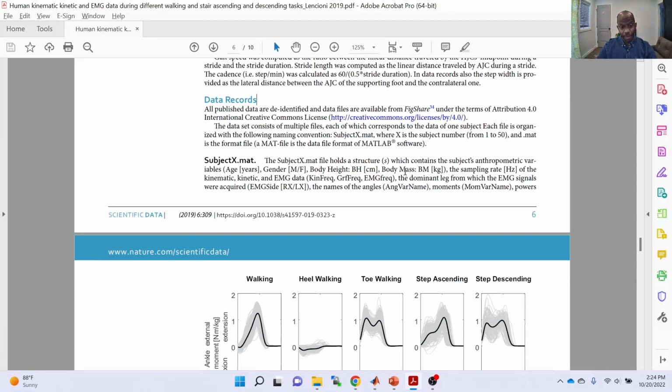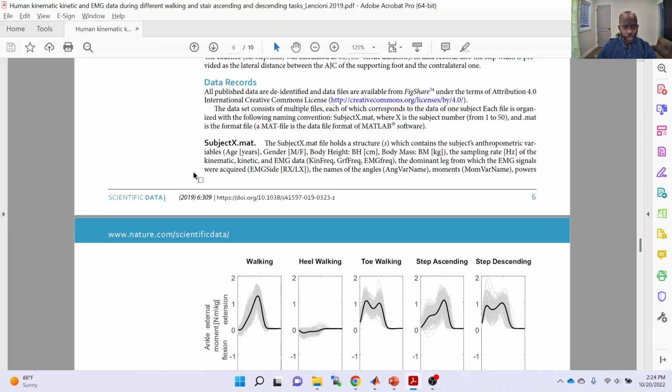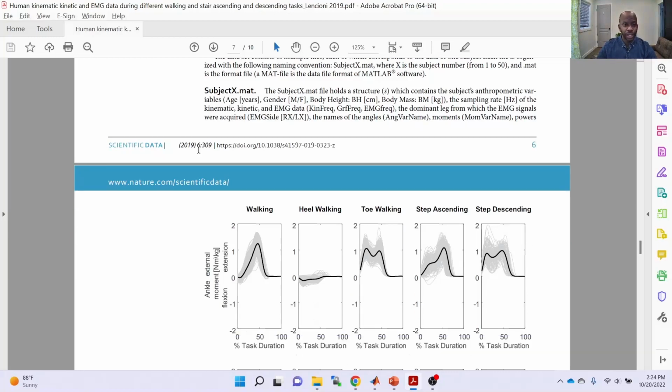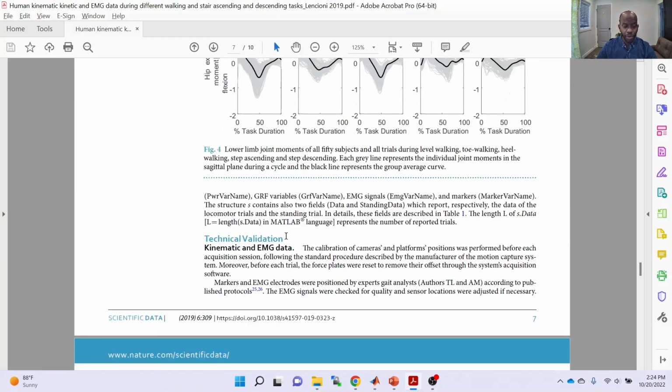So as an example, you can take raw marker data and then use that data to compute joint angles. And so if you take joint angles and your ground reaction forces, you can use that data to compute joint moments and power. So this is just a nice description of the details of the data files that are provided for this paper.